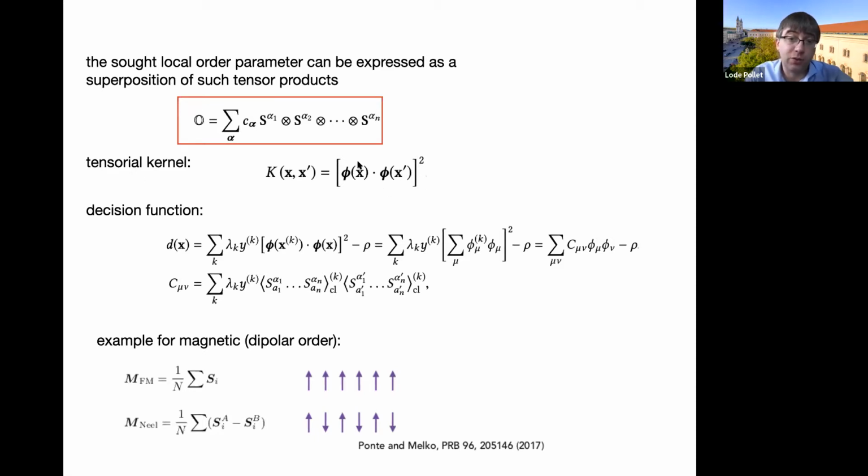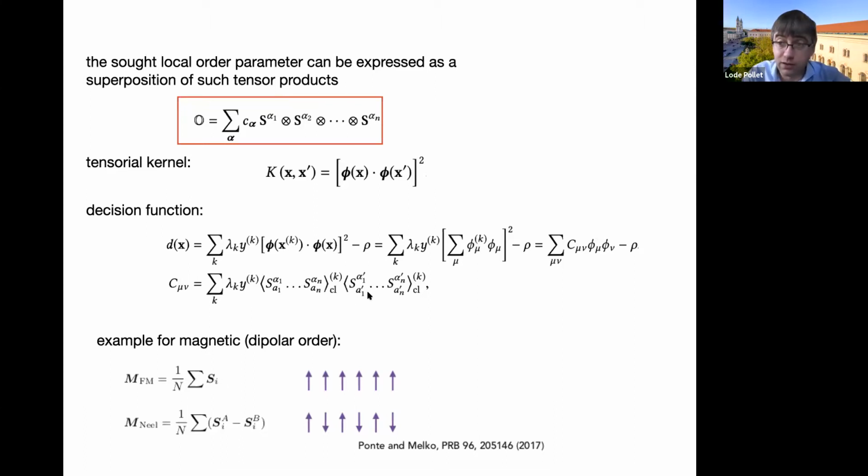The tensorial kernel we use is the mapping from the original spin configuration onto such tensors, and then we take a quadratic kernel, and it follows that the decision function is essentially these phi with structure constant c and the rho. All that the decision function, or the SVM, will do is optimize these coefficients c and rho.